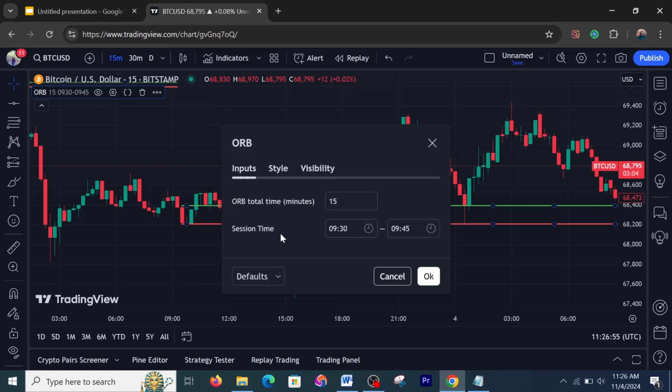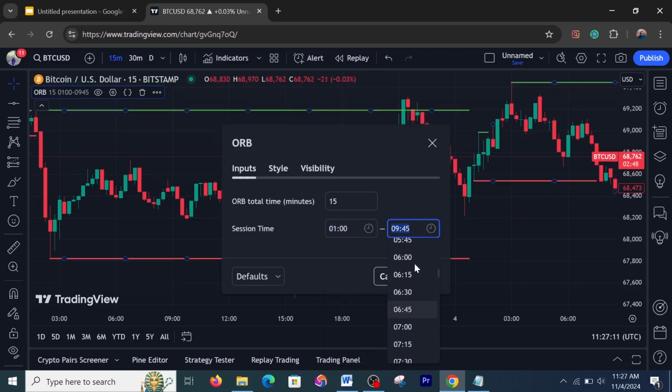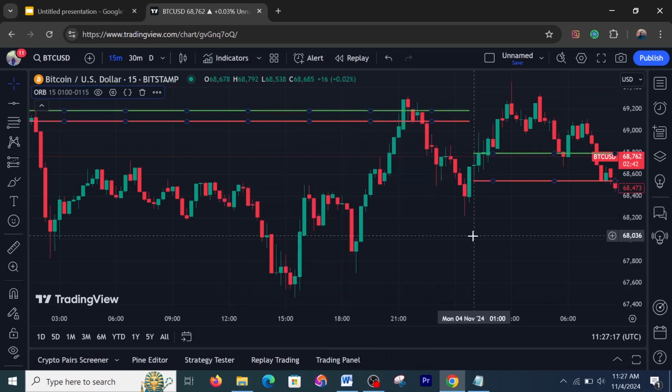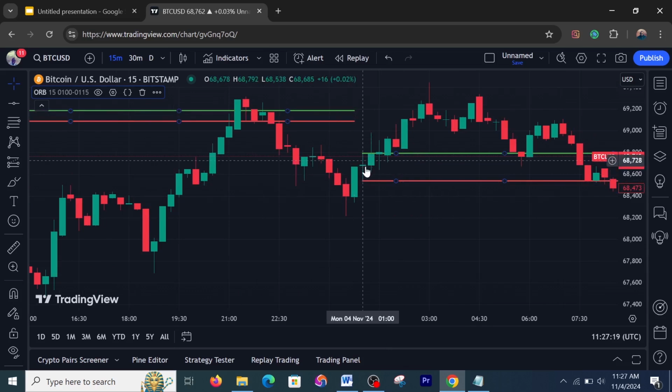For the session time, you have to correct this because the crypto market starts at 1 a.m. So it's going to be 1 a.m. to 1:15. That's exactly what I want to do here. So this is it, and you see it still gives us exactly the same thing.